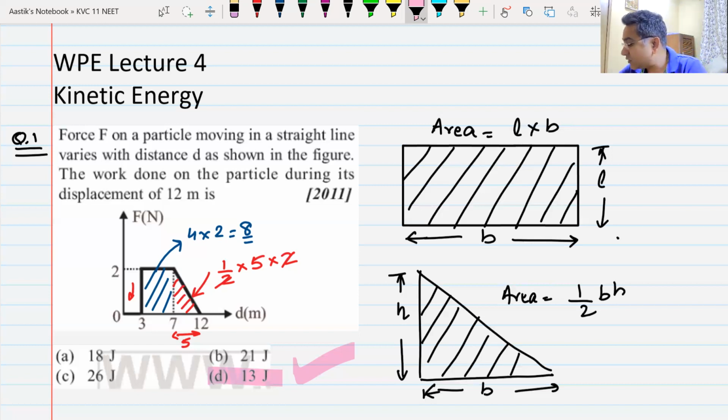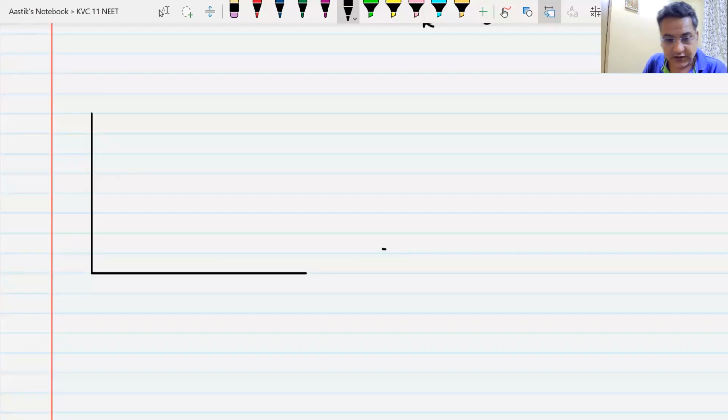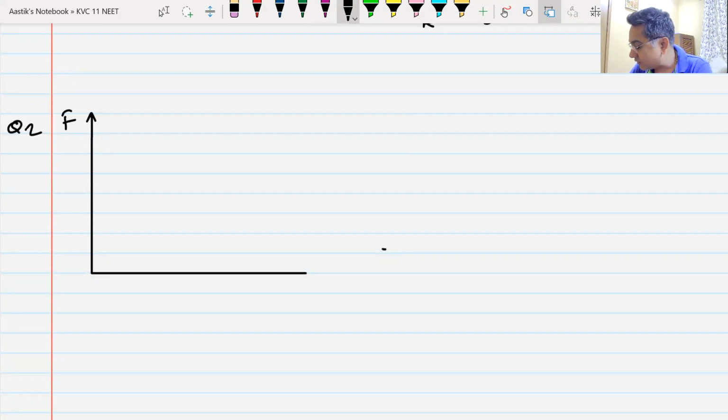And this is the next question, and I hope that everyone gives me an answer for this particular question. So this is again a force displacement graph.